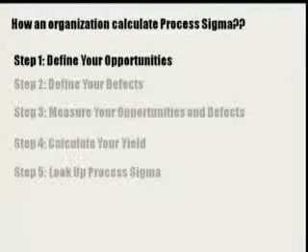Okay, so that's the first step: define the opportunities. Some Six Sigma experts define an opportunity as the lowest defect noticeable by a customer. Well, that's a good definition. In fact, this definition is debatable sometimes, but I don't think it's a bad one. It's the lowest defect noticeable by a customer, and the customer is always right.